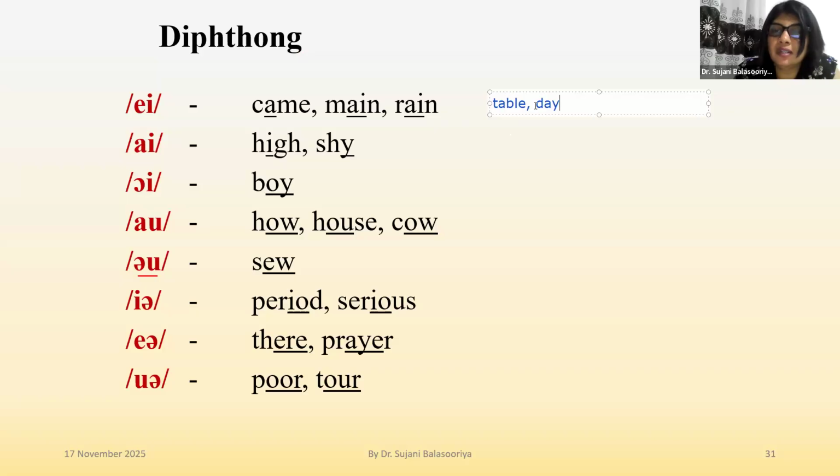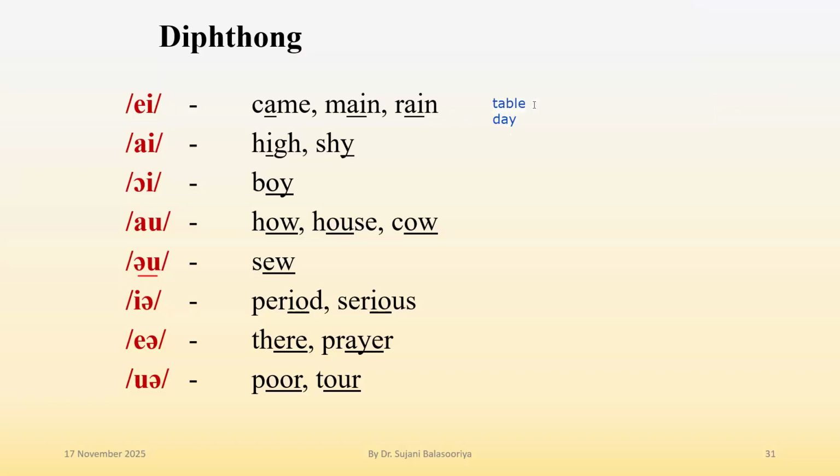First word? Table. Yeah, we are used to say "tebl". But the proper pronunciation, according to British Standard English, is "teibl". And we say day, D-A-Y, using the monophthong, "de". But it is "dei".